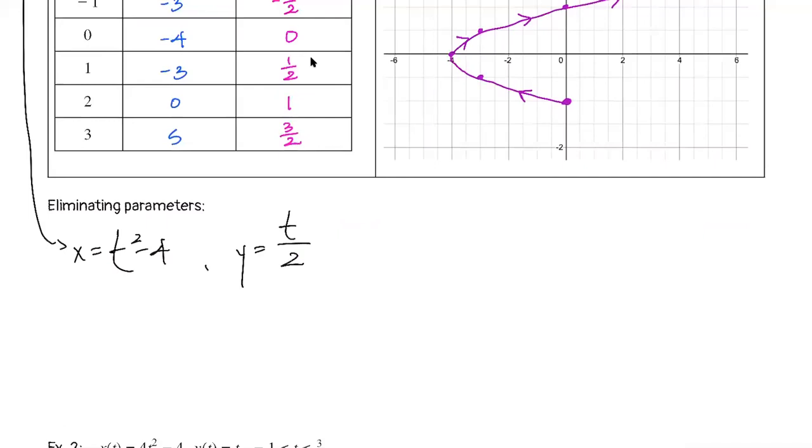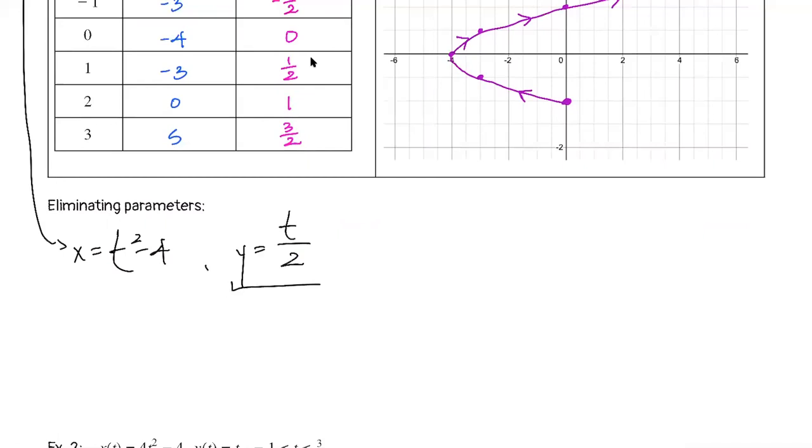So we want to get rid of the parameter, which is t. I look for the t that is easiest to isolate, and then think about how I can plug that t into the other equation so that I can get rid of any t's there.